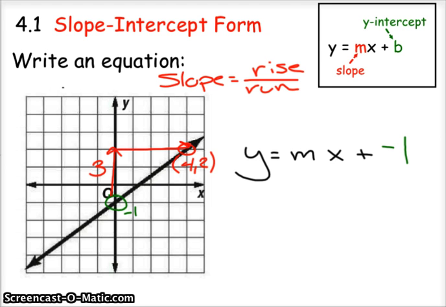I'm going over 4. So my slope would be 3/4. So instead of m, I'll erase the m and put in 3/4. So my equation for this line will be y equals 3/4 x plus -1, or I can rewrite that as y equals 3/4 x minus 1.